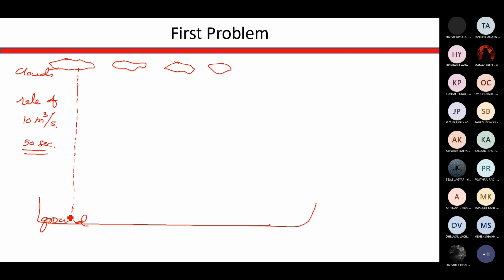So rain is falling from the clouds at the rate of 10 meter cube per second. Find out the amount of rain collected on ground after 50 seconds. 500 meter cube. Any other answer?